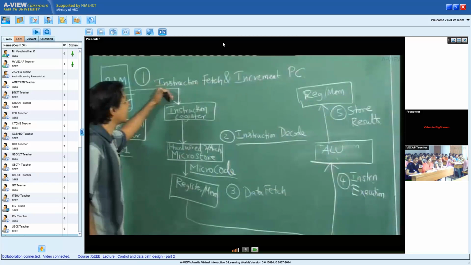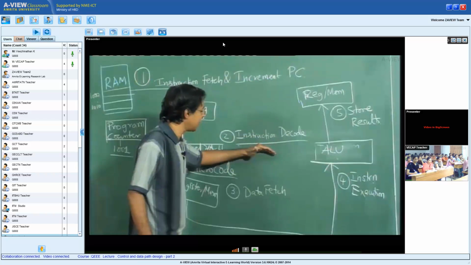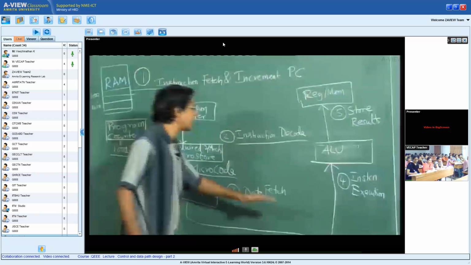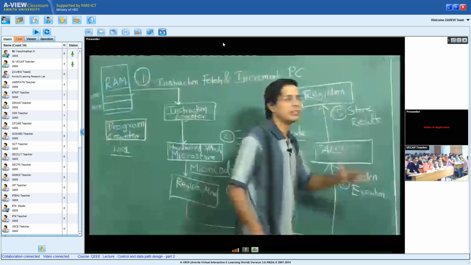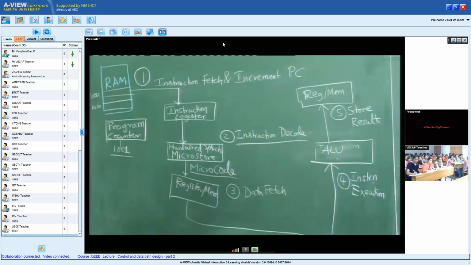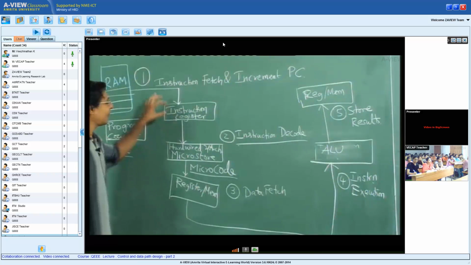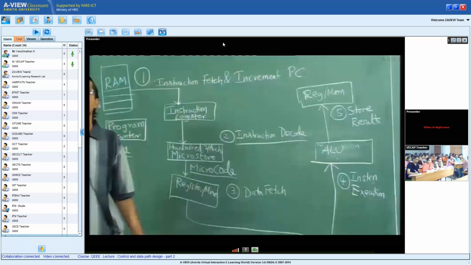There is an instruction fetch and increment program counter, then an instruction decode, a data fetch, an instruction execution, and then we store the results. Now please understand that this is where we left in the last class. There are different hardware responsible for doing these stages.